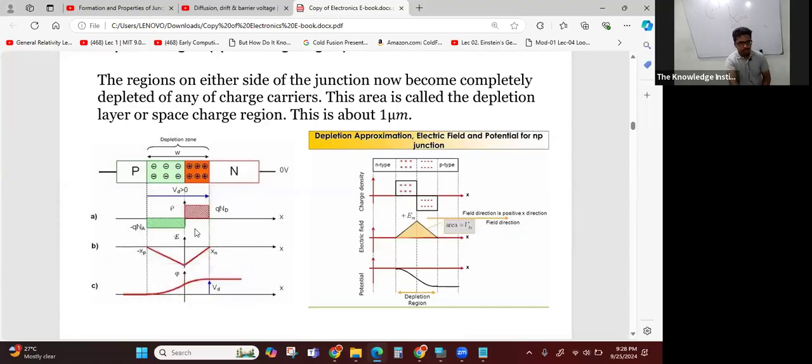Okay. So here is the variation of electric field and the potential. In this depletion region, you can see the variation of potential. So this side the electric potential is plus. If you consider the difference, I'll show you here.